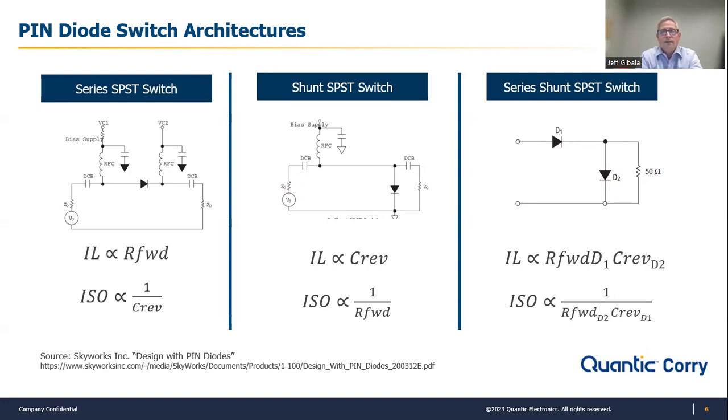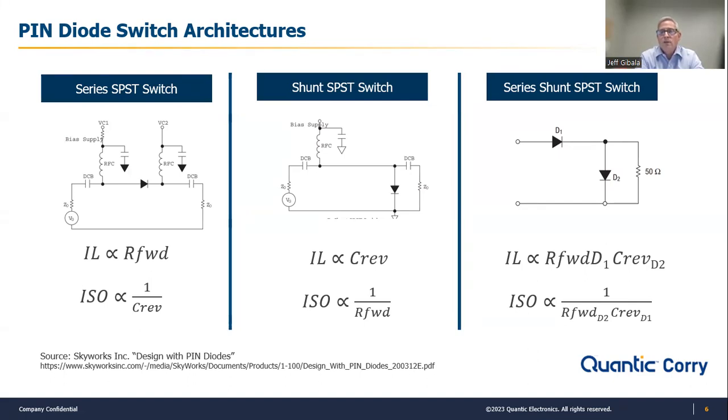And this last architecture is the series shunt single pole single throw switch. This architecture can be used to improve isolation because now you have two diodes that can be independently controlled. So in the one case where you're passing energy to the load, D1 is forward biased while D2 is reverse biased. And this creates an insertion loss that's proportional to the forward resistance of D1 and the reverse capacitance of D2.